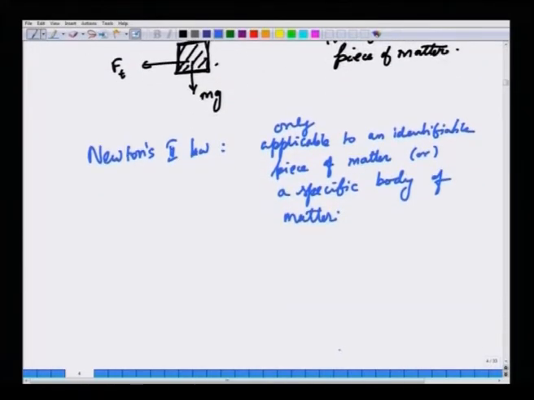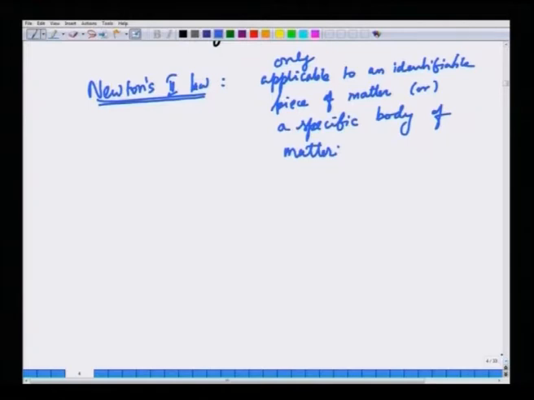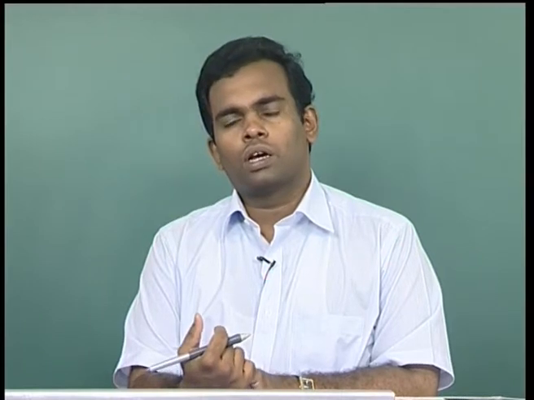Whereas in fluid mechanics, we have been mentioning that it is not feasible for us to identify the same point or same set of points, because in fluid flows we are not generally interested in the motion of a given point or set of points. So, there is a fundamental dichotomy here: while Newton's second law is applicable to a specific body, in fluid mechanics we rarely worry about the motion of a specific set of points in a fluid.